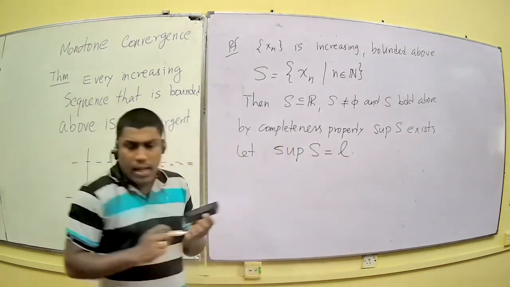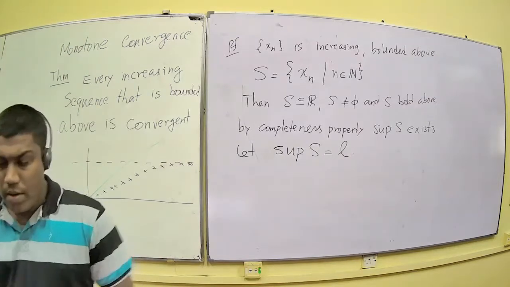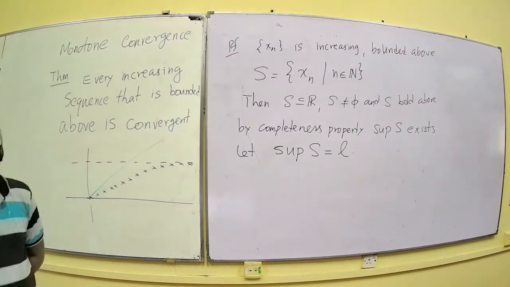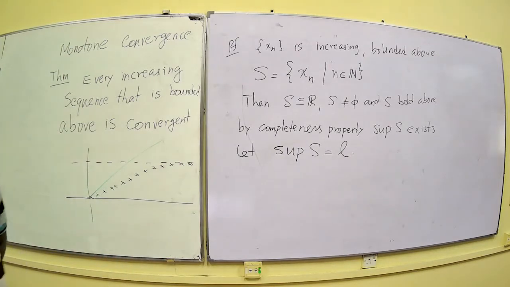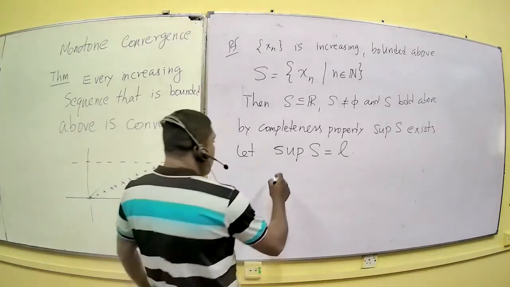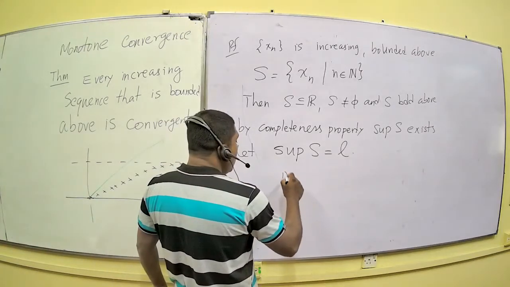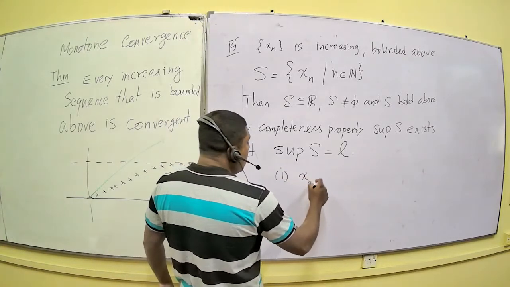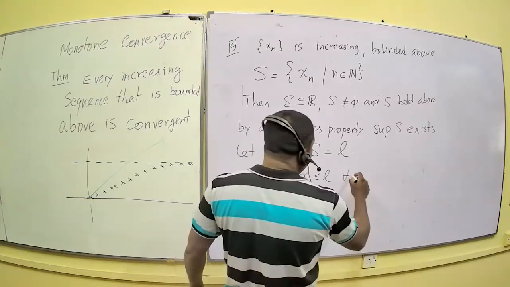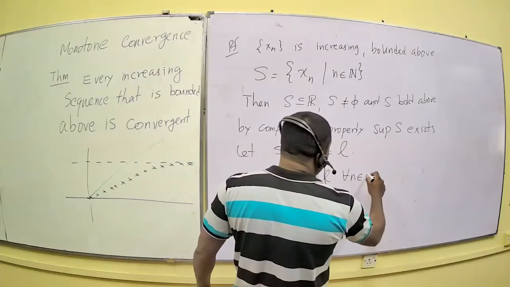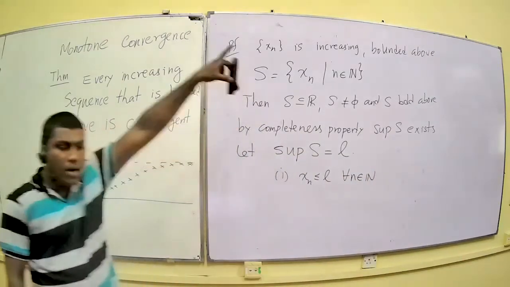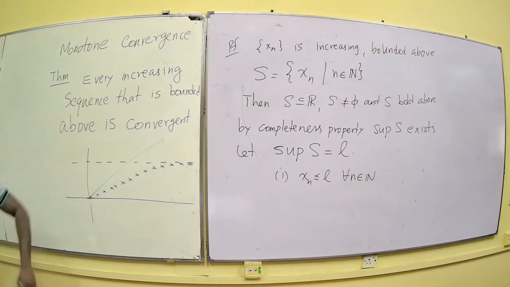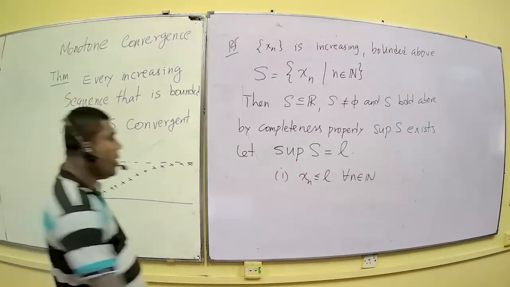Now you take L to be the supremum, right? If L is the supremum, then what can you say? So one, xn is less or equal to L for all n belongs to natural number, because every element in the set should be less or equal to supremum.